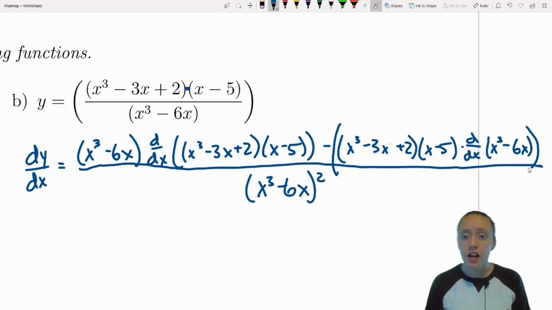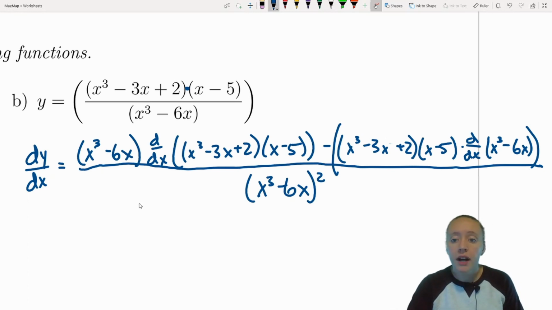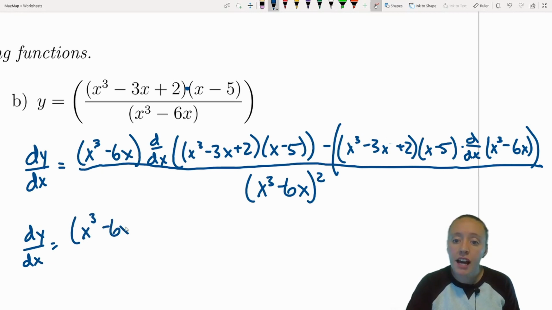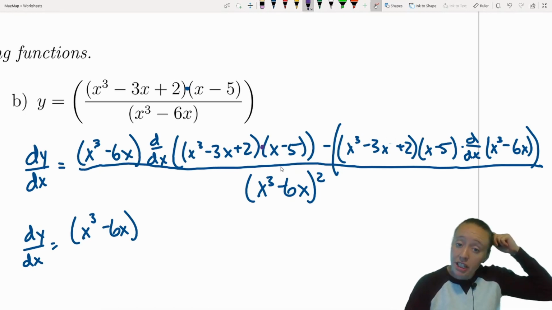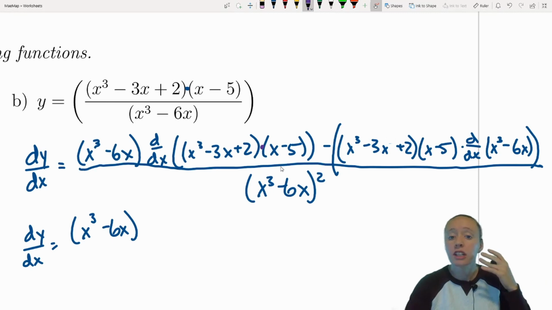So I know this is a lot, but stick with me, we're going to do this together. So dy dx is going to equal x cubed minus 6x times the derivative of, this is a product rule here. So feel free to write your bookkeeping, but I'm just going to talk it out and do that in my head.